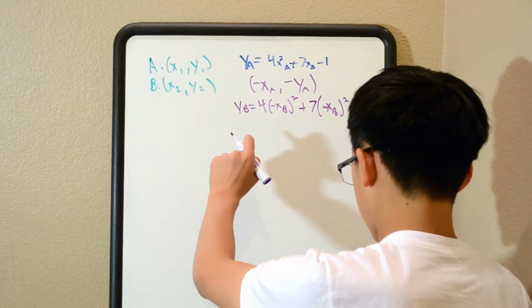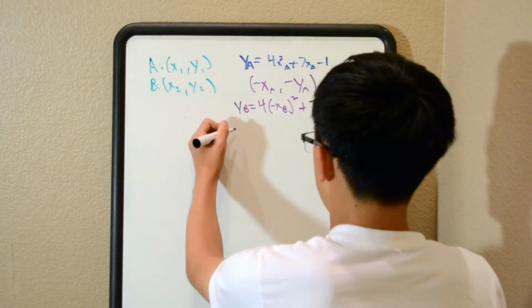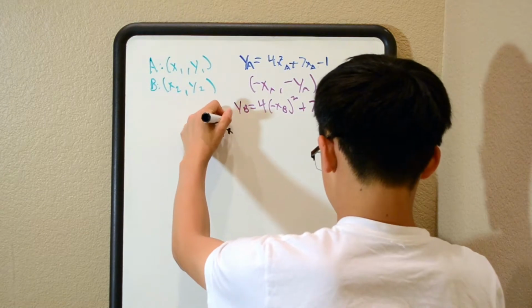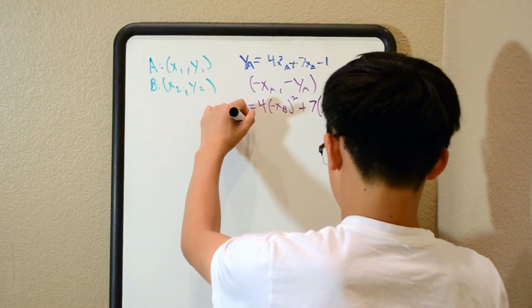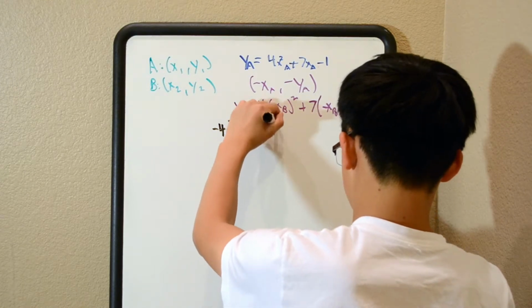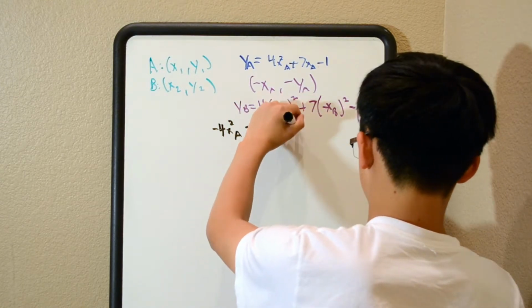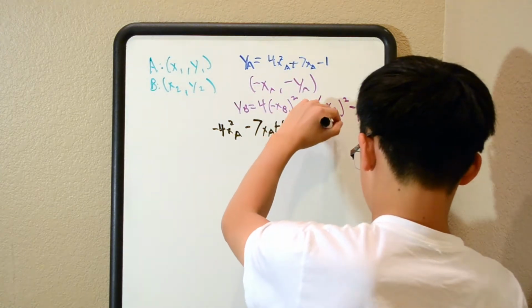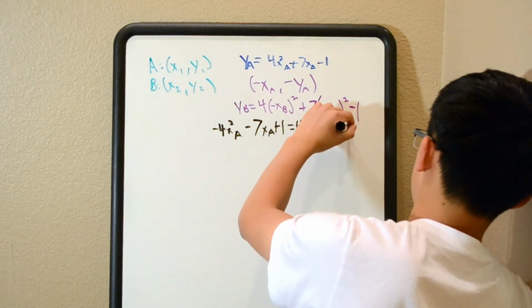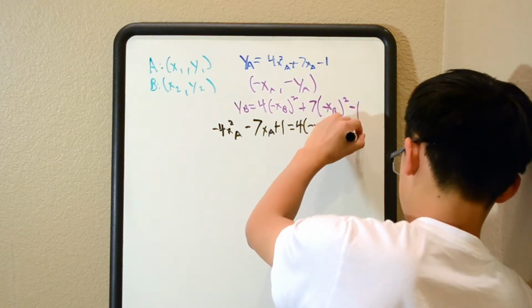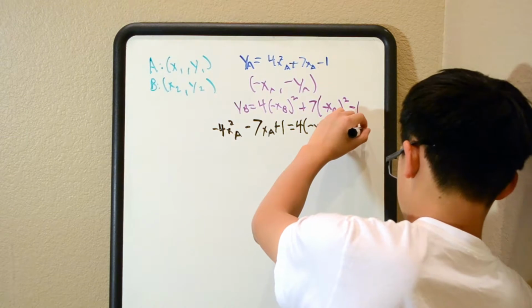What we do after that is we substitute for y A, and we will get negative 4 x squared A minus 7x A plus 1, which is equal to 4 negative x A squared plus 7 negative x A minus 1.